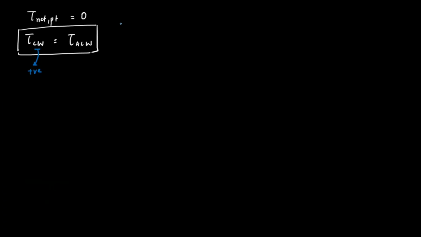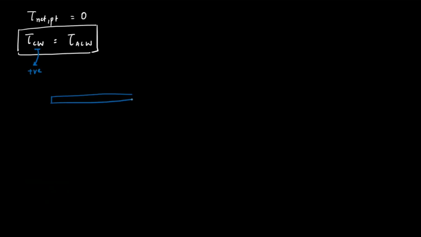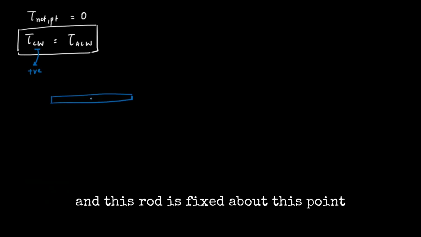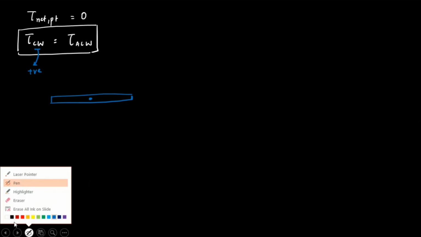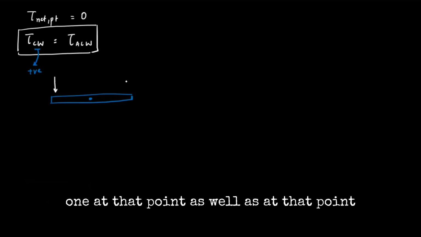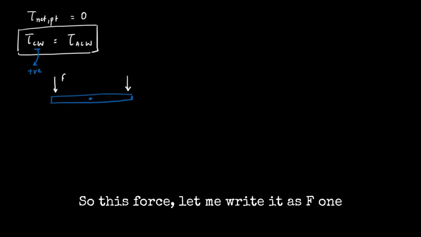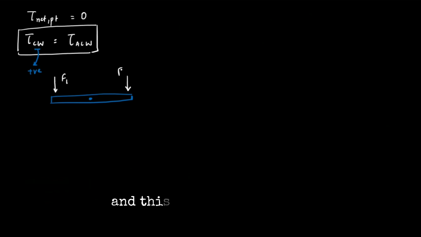What does it mean? Suppose there is a rod and this rod is fixed about this point. Now we apply forces at this point as well as at that point. This force, let me write it as F1, and this force as F2.